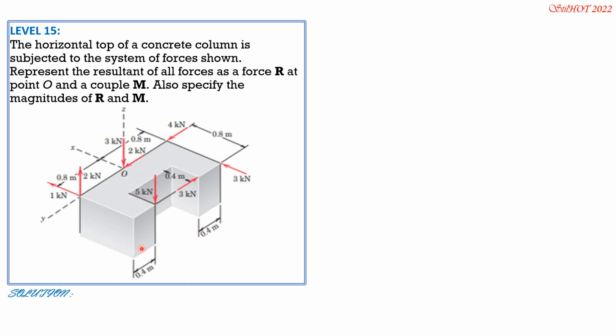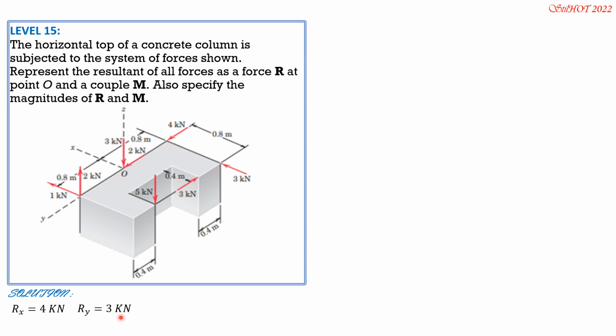So solution: Rx, this is the positive x-axis. So it is positive 1 plus 3. So positive 1 plus 3 is 4 kilonewtons. Ry is, this is the positive y direction. So 2 plus 4, 6 minus 3.